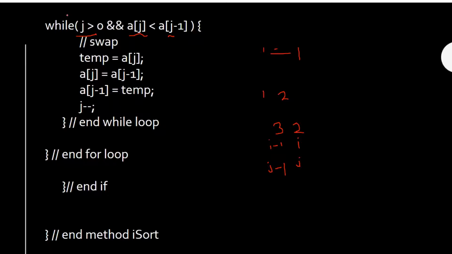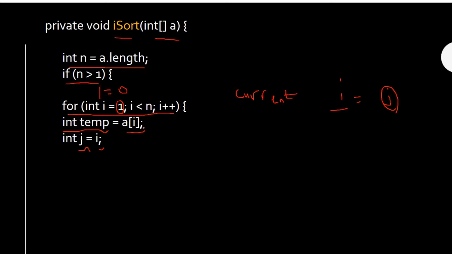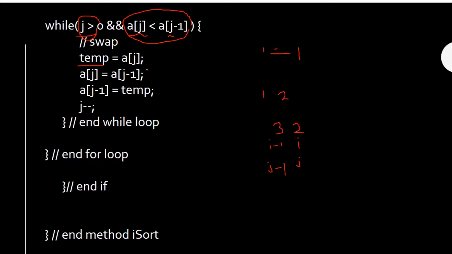So if these two conditions are satisfied, then we put the current value of a of j, which we have already done here. Still the same thing we're doing here, so we might not necessarily need to redo this one, but still we put the current value of a of i, which is our a of j, into temp.